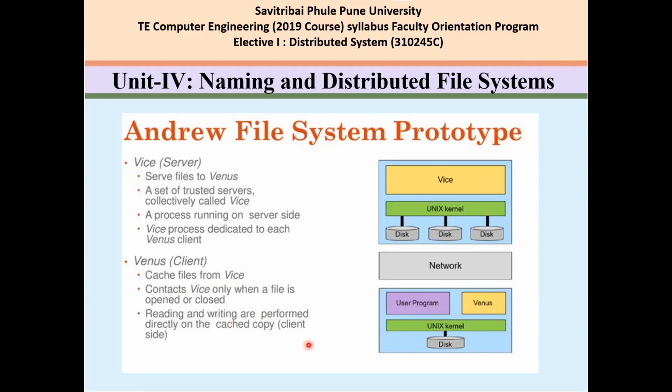Frequently accessed copies are handled here rather than disturbing the entire database. So it caches the files from Vice and contacts Vice only when a file is opened or closed. Otherwise, all the reading and writing operations are performed directly on the cache copy without disturbing the main database or server at the Vice side.